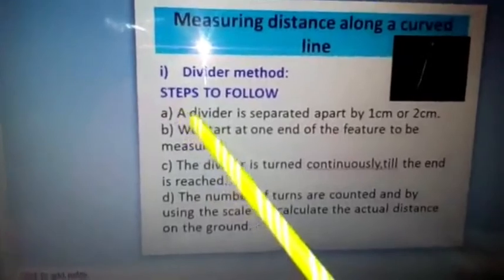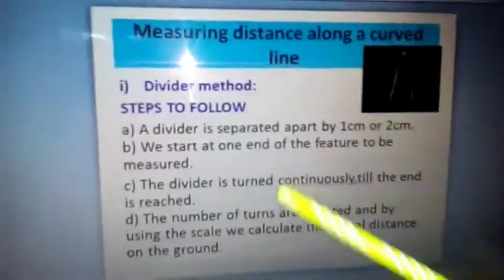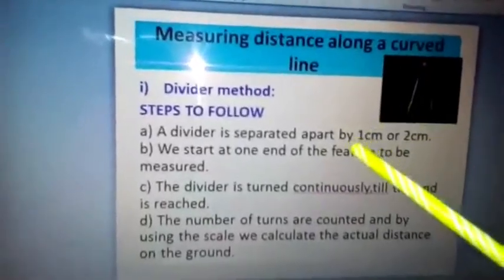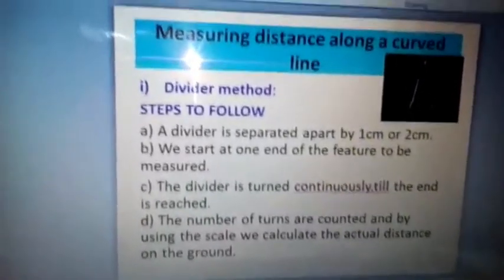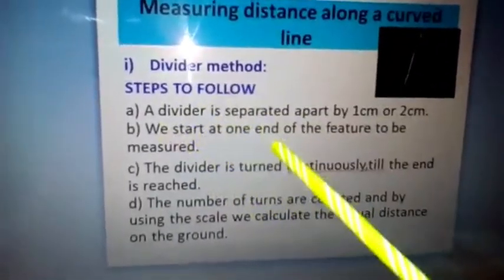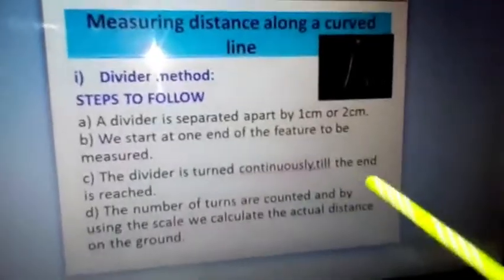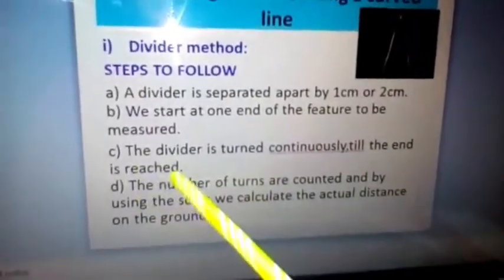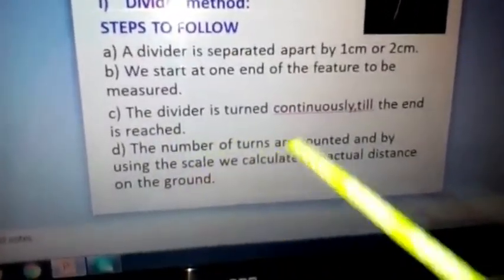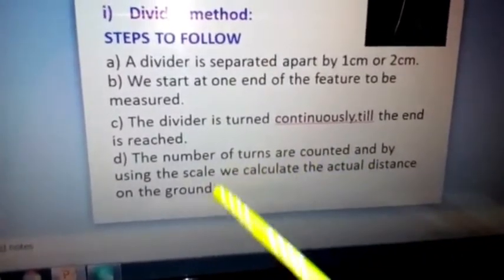Now first of all, let's understand what are the steps to follow. A divider is separated. Just for example, we'll take one example. I am separating my divider at 1 centimeter, and now I'm going to measure an entire curved line. So we start at one end of the feature to be measured, and then the divider is continuously turned till the end is reached. Then the number of turns are counted, and by using the scale we calculate the actual distance on the ground.